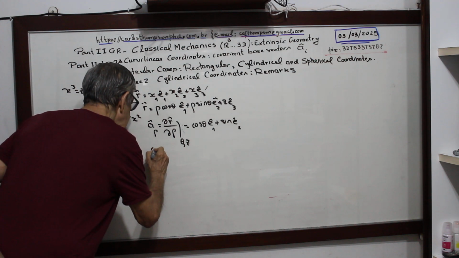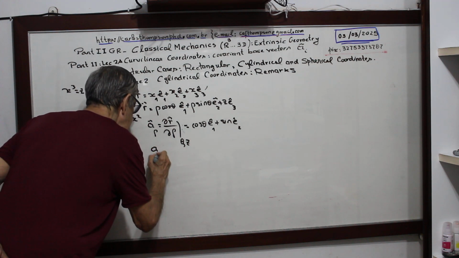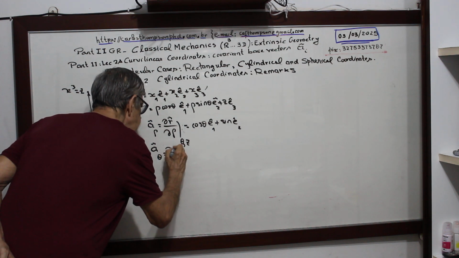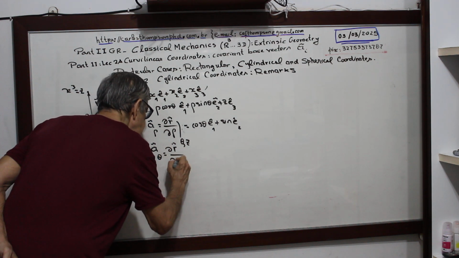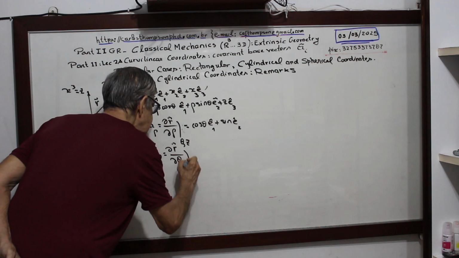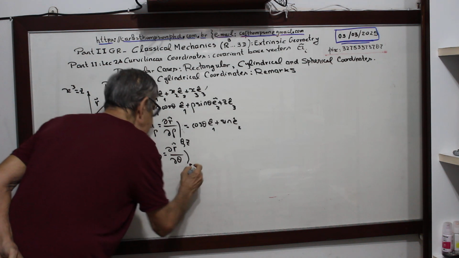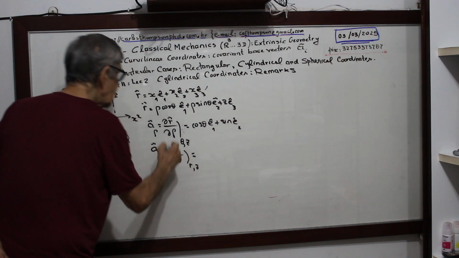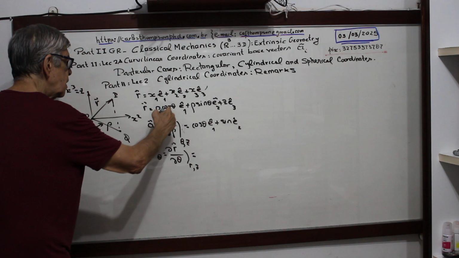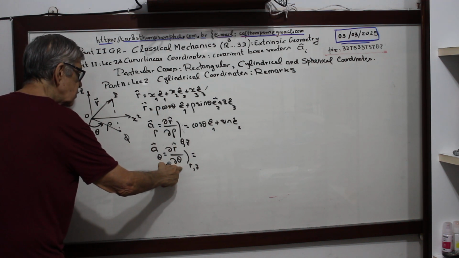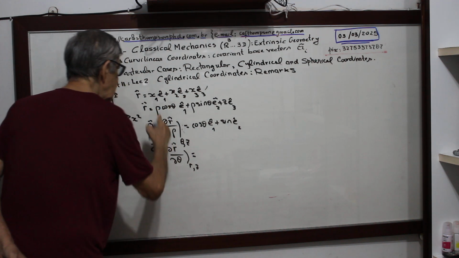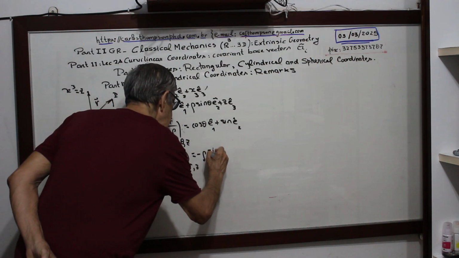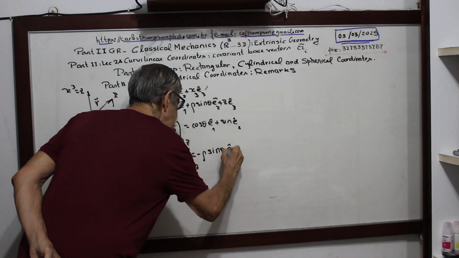Now, A theta. A theta is partial of R with respect to theta. Here rho and Z remain constant. You just look at here and derive with respect to theta. So this will be minus rho sine theta E1.